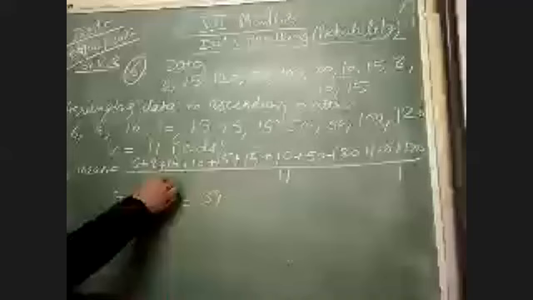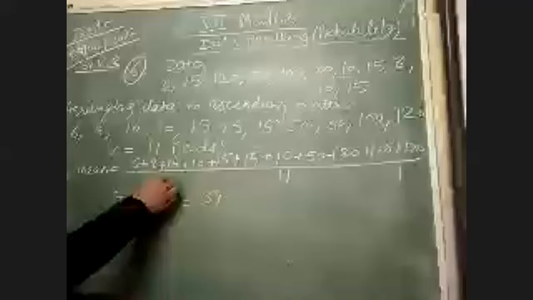In your data arranged in ascending order, the 6th observation is 15. So the median will be 15.